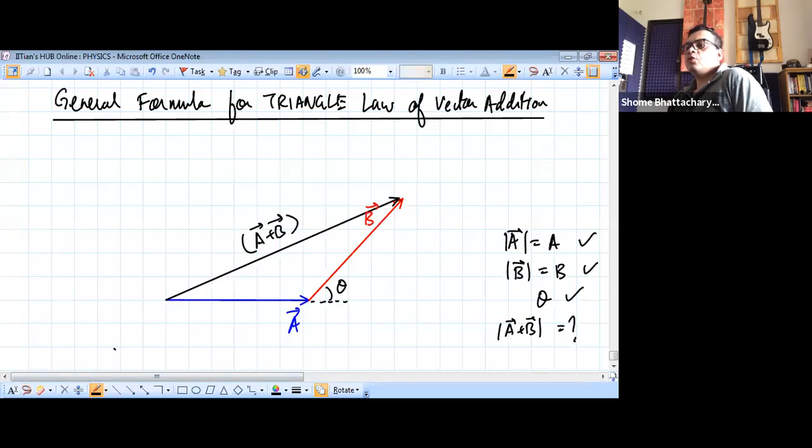So suppose we drop a perpendicular from this onto this line. Suppose what we do here is that we extend the line of A and drop a perpendicular from B onto that.